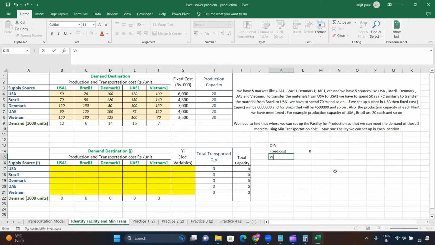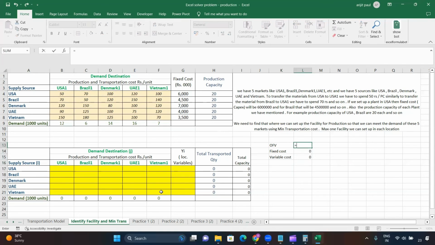Okay. And what will be our variable cost? So again, we are going to use the sumproduct. This is our cost. And this will be our quantity. Okay. And what will be our total cost?